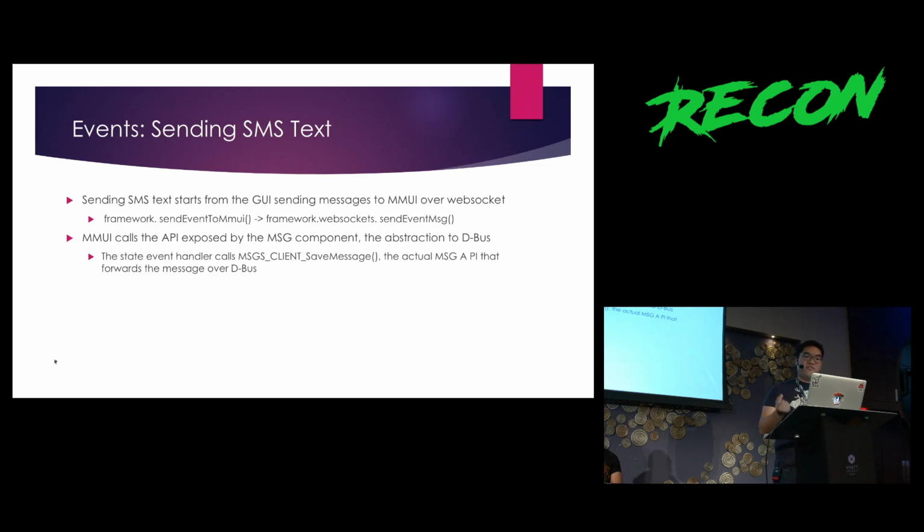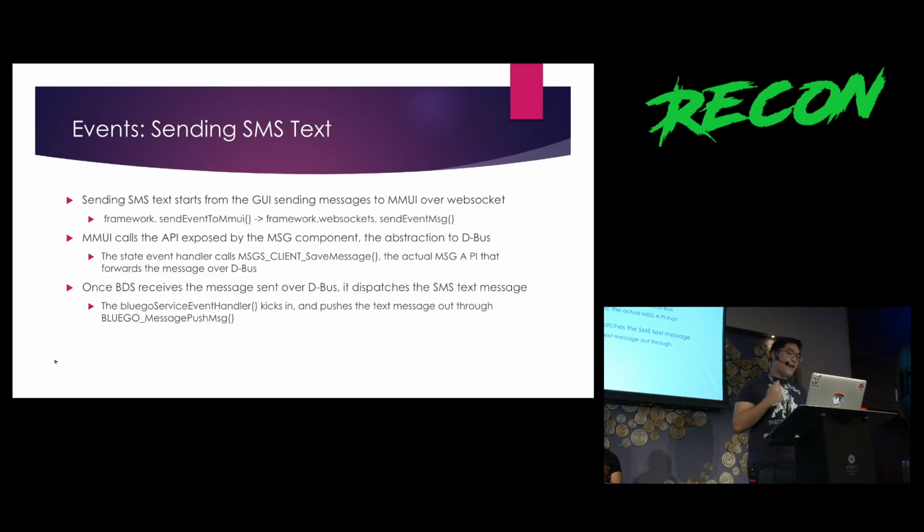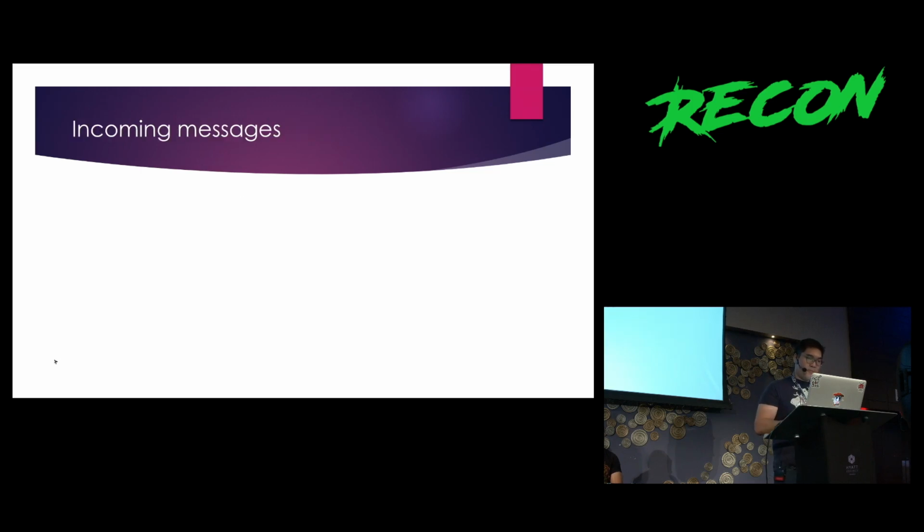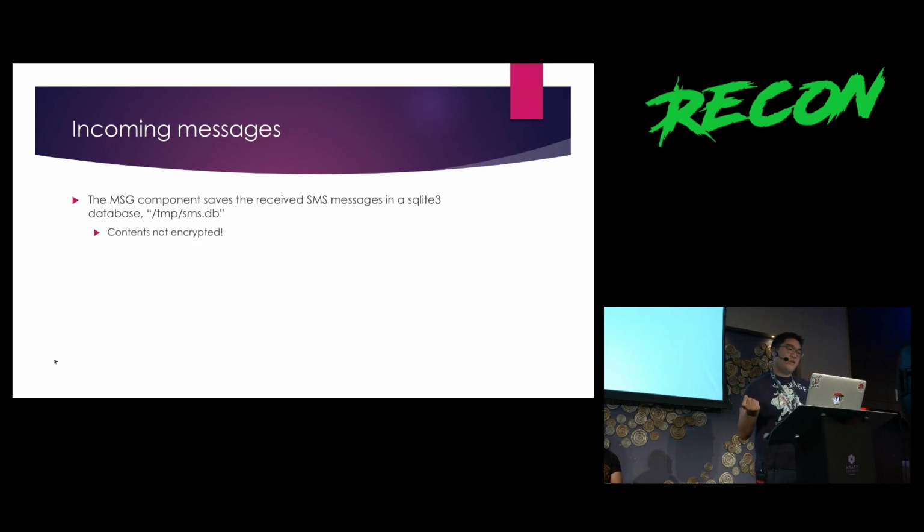In this case, the function of interest is the message client save message. That's important because we'll discuss more about that later on and how we try to do the RAT. Once the Bluetooth service receives the message sent over D-Bus, it simply pushes it out, as you'd expect. So now we know the general flow for text messages.